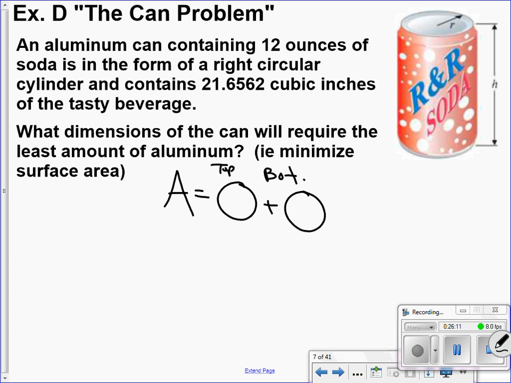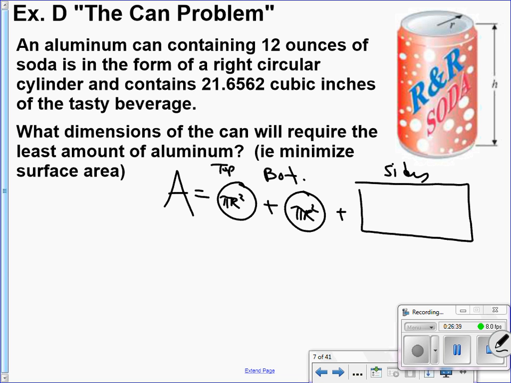You do. All right, so the sides are going to be a rectangle. We need a little more info before we start doing calculus on this. What's the area of a circle? Pi r squared. So we have a pi r squared plus a pi r squared. That's that area.